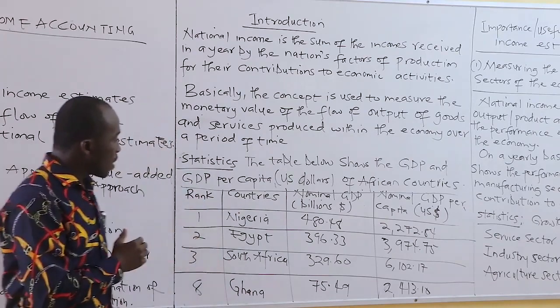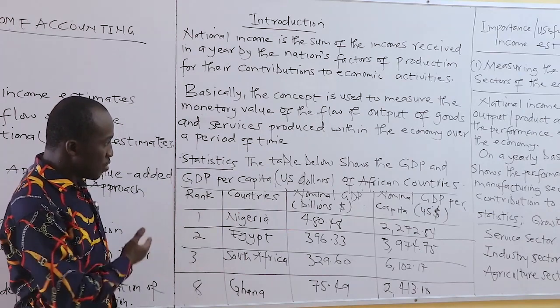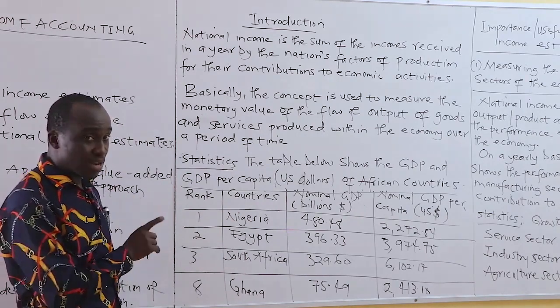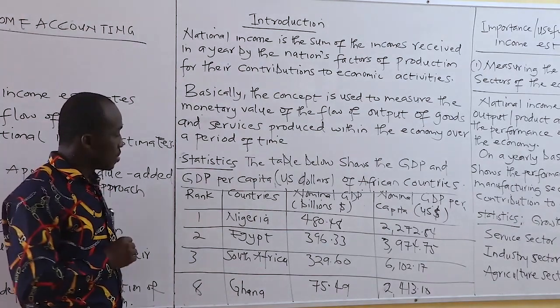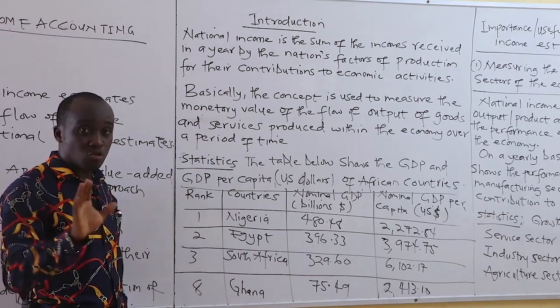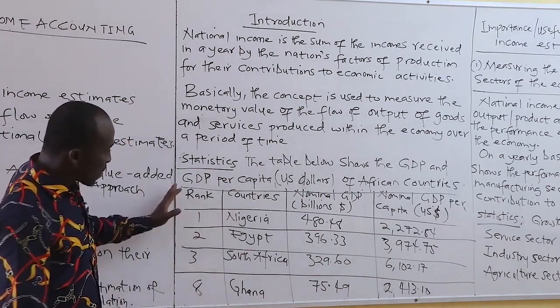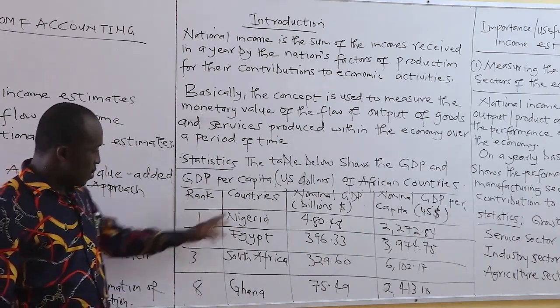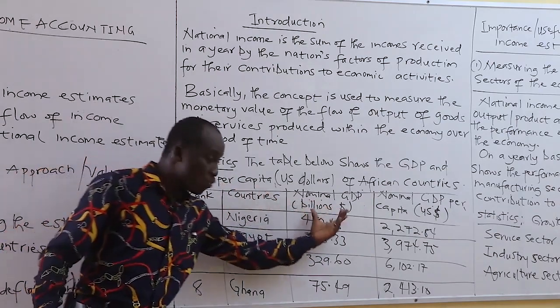So let's look at some statistics for us. This table below shows the GDP and GDP per capita. Later, we're going to talk about what is GDP per capita. GDP is the gross domestic product. GDP per capita talks about the per capita income. We'll talk about it later. But let's look at these estimates. We have countries in Africa, their ranks, the nominal GDP in billions of dollars.